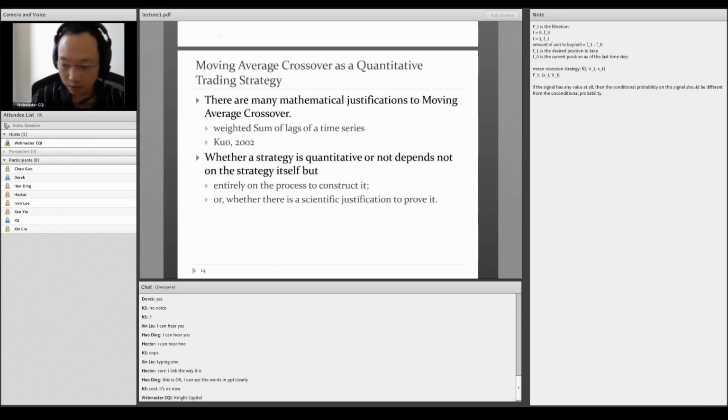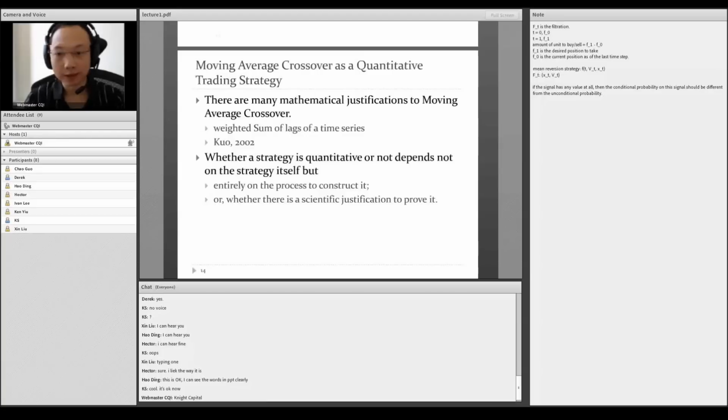If you are familiar with time series analysis, you see all the forecasters are basically a weighted sum of all the lags of a time series. A moving average crossover strategy looks exactly like this. The forecaster is basically just a weighted sum of the historical prices, a weighted sum of the lags.